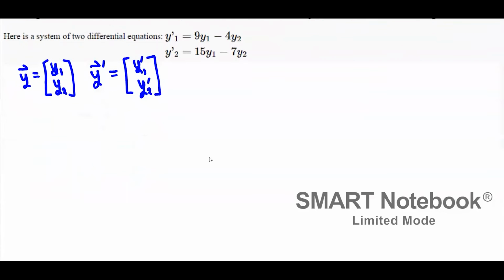All right, so that's going to convert this system into a matrix equation. Let me scroll down a little bit. So this matrix equation will say vector y prime is equal to this coefficient matrix, I'm just writing the coefficient matrix for the system, times the vector y.